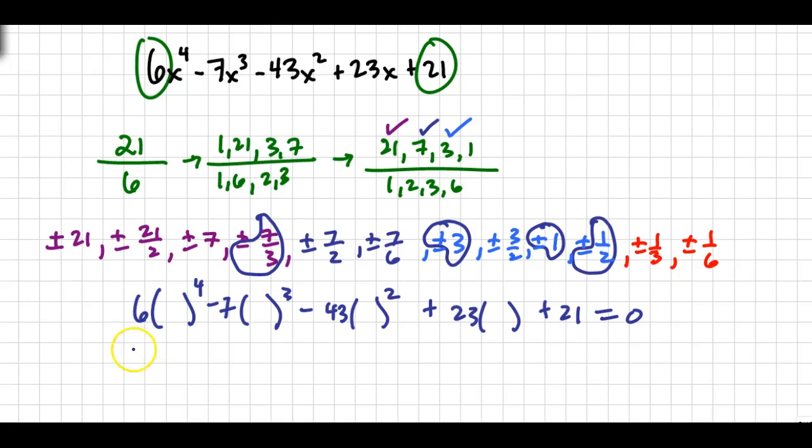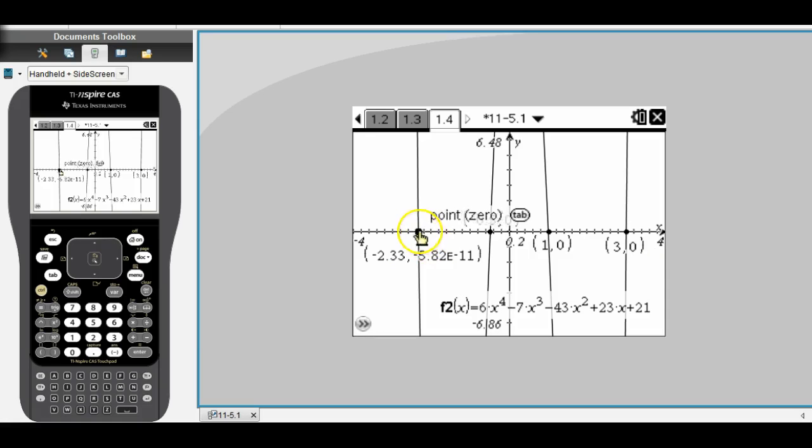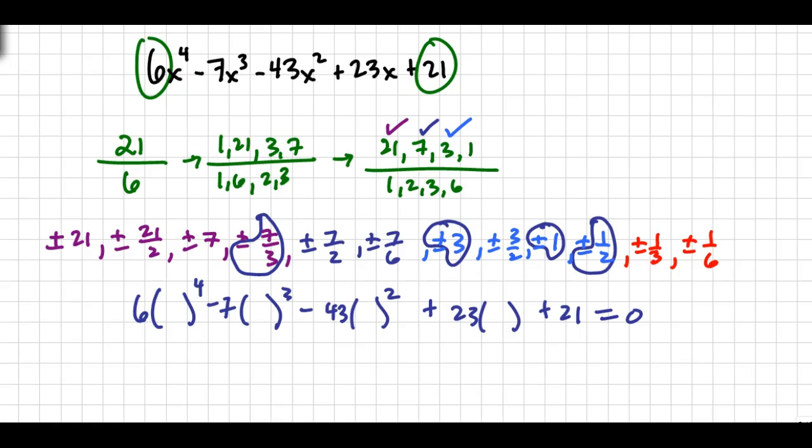Then you're going to do that 3 more times. You don't have to retype it each time. You can highlight, copy and paste on your calculator and just change the zero to the next number. And what you'll find here is that all 4 of them do indeed generate a 0, so all 4 of them work. Also, I want to point out that all 4 of them were showing up as zeros or x-intercepts on the graph, so that means those are all real zeros.